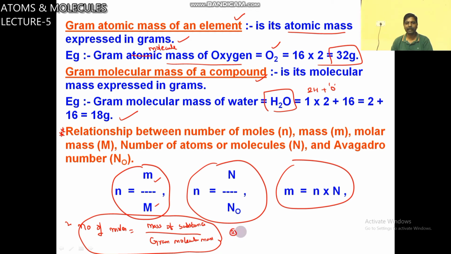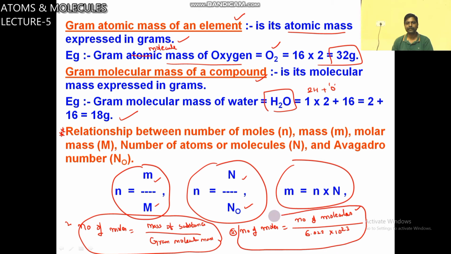Second formula: number of moles is equal to N, the number of molecules, divided by N naught, the Avogadro number, 6.02 into 10 to the power of 23. If molecules are given, you can calculate moles.